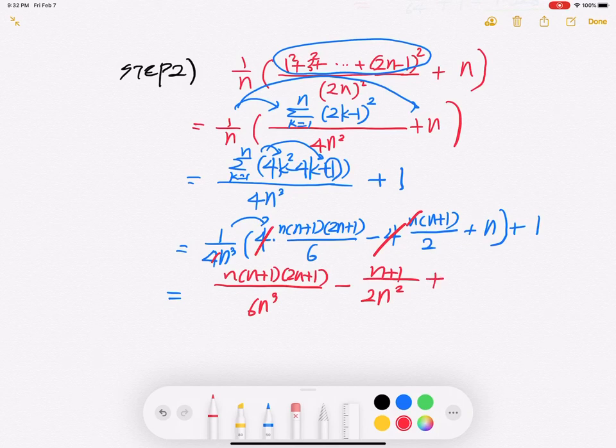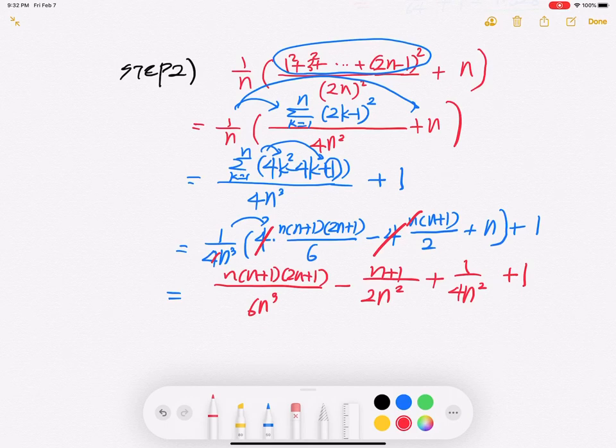And the last part, n, n, n cancel out, so 1 over 4n squared plus 1. I'm not going to do any more. You can simplify into simpler forms, but this is enough. Anyway, I found the n rectangles area.